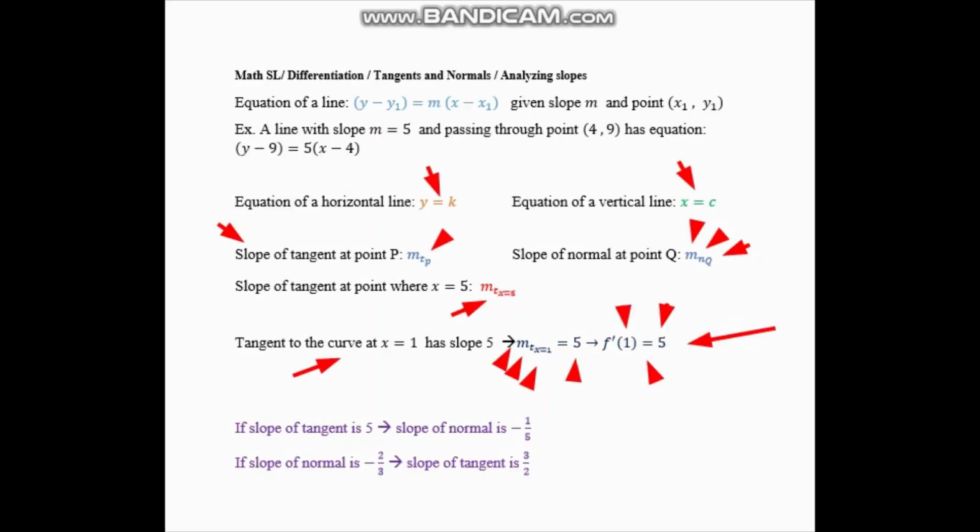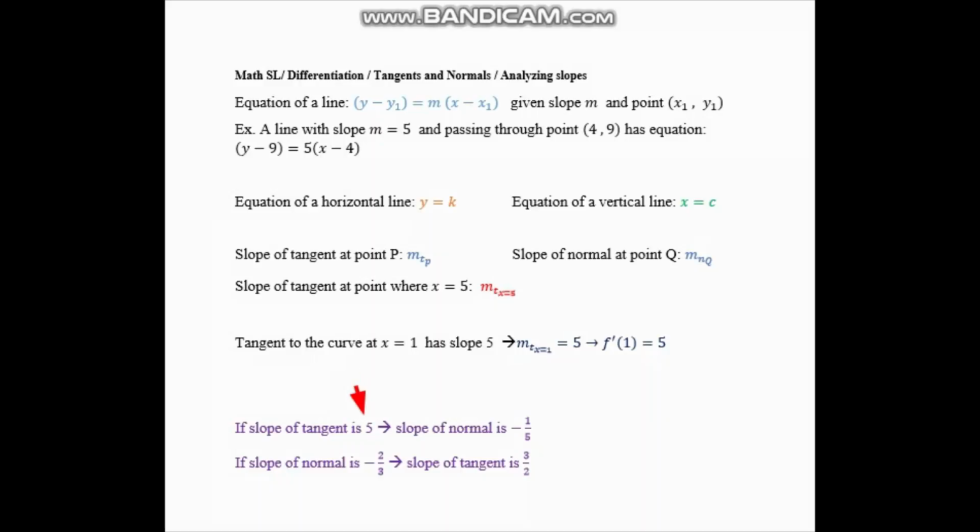Finally, you should know that tangents and normals are perpendicular to each other, and hence, if the slope of the tangent is 5, I'm going to flip and switch, so the sign is going to change from positive to negative, and whatever is in the numerator goes to the denominator, so the slope of the normal becomes negative 1 over 5.